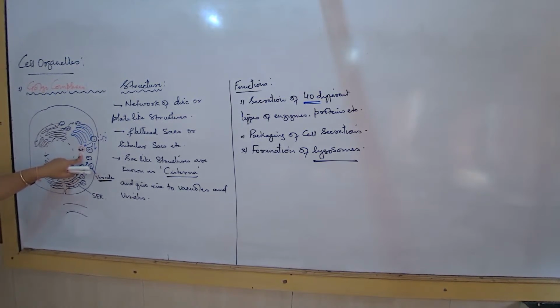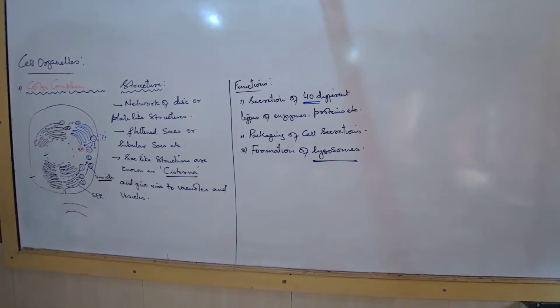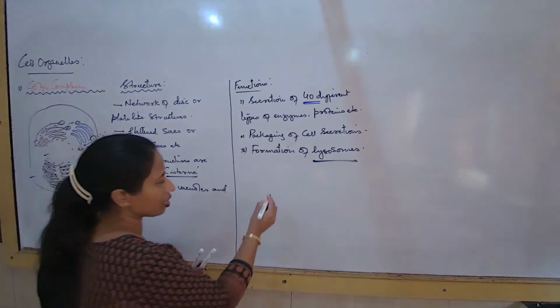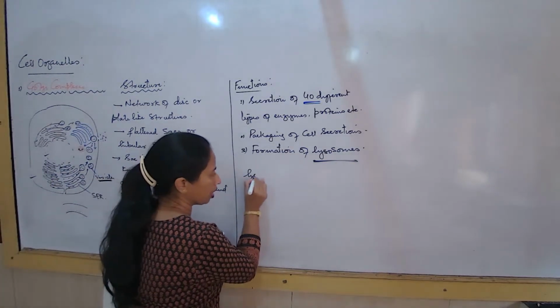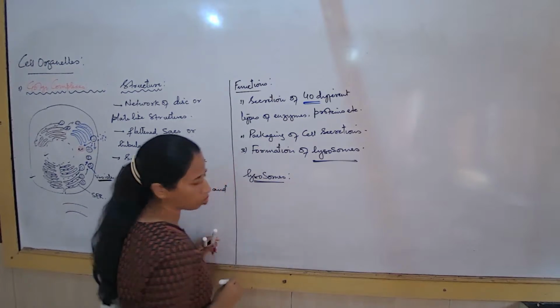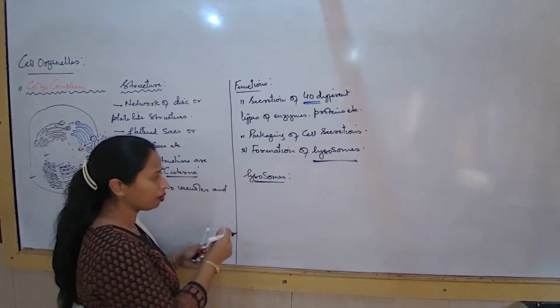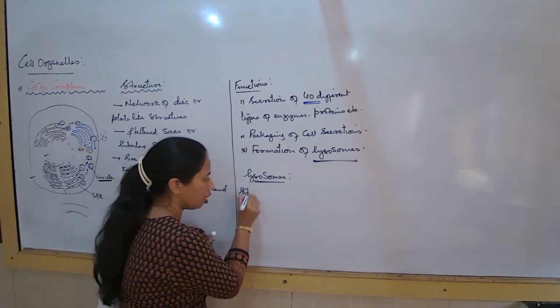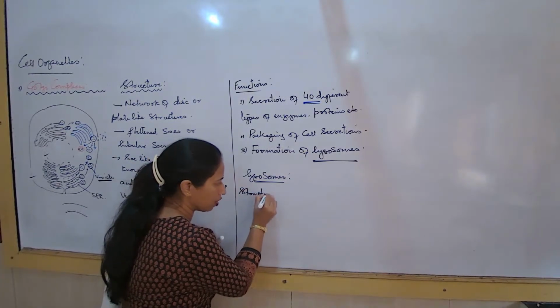What's the meaning of hydrolytic enzymes? Hydrolytic means which can bring about the process of breakdown and digestion. So this is about the concept of Golgi. Now, with this continuation, if I talk about lysosomes, I'm talking about another organelle now. What would be the basic structure of a lysosome?